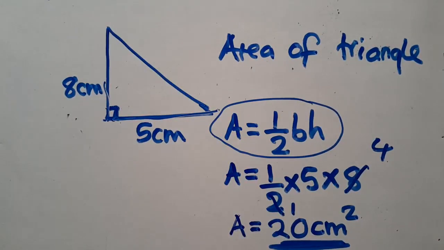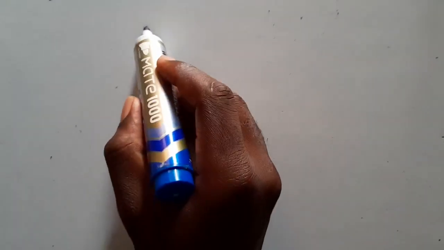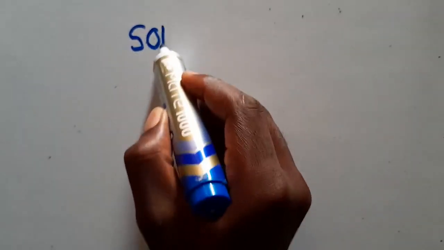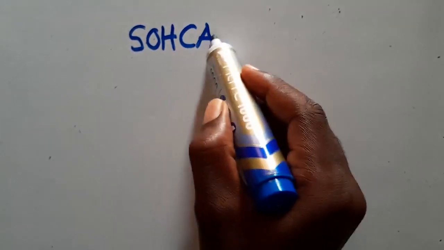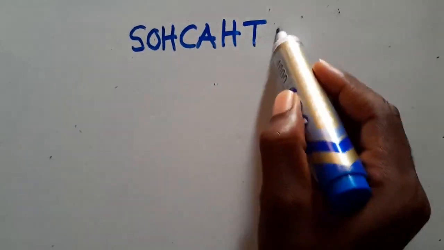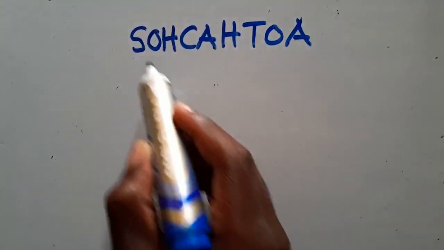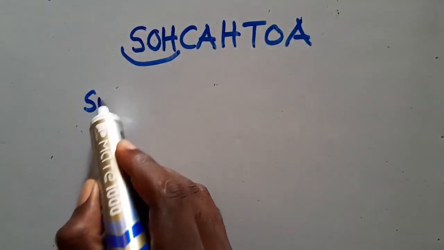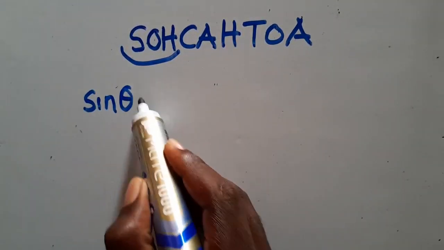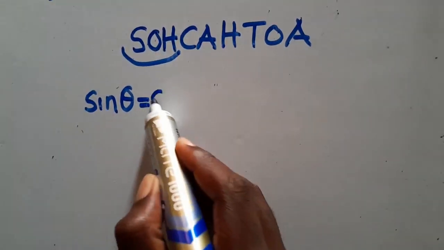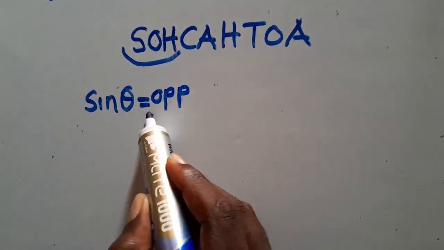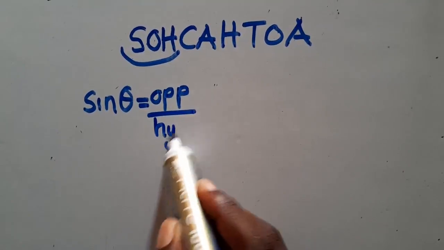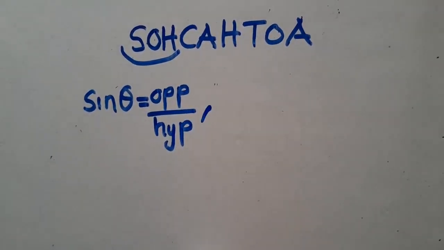So now, in conclusion, I'm going to end with this. SOHCAHTOA, when you hear this word, it is like this. The first 3 here, this is sine. So it means that sine theta is equal to opposite over hypotenuse.